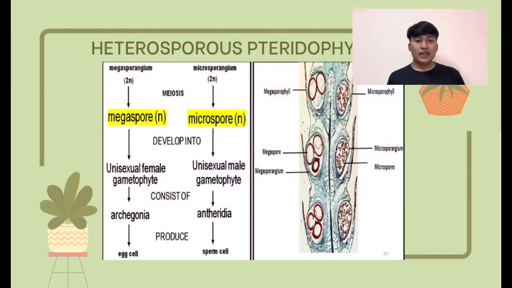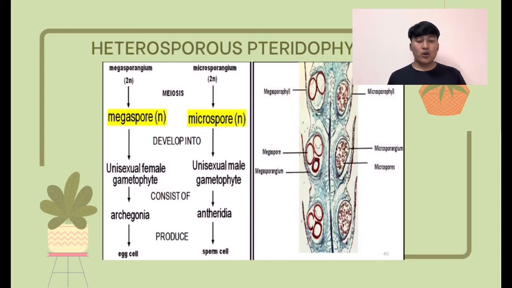The second one is heterosporous Pteridophytes. The process starts with megasporangium and also microsporangium, both of which are 2N. Both of them will undergo the meiosis process and become megaspore and also microspore.